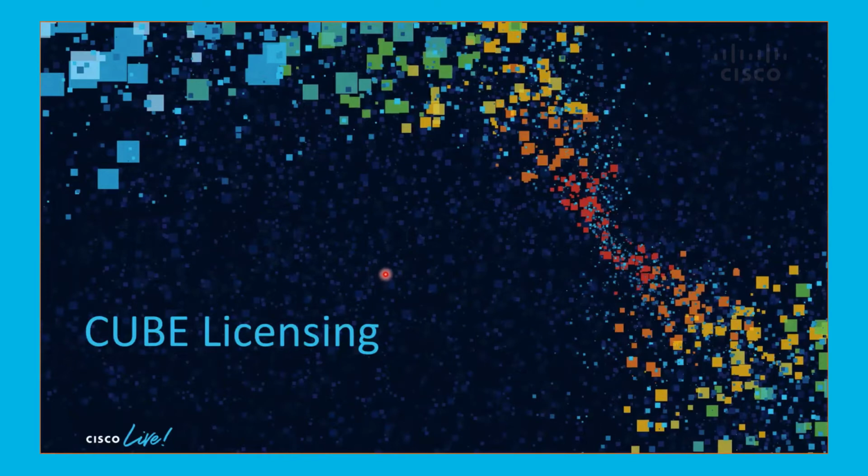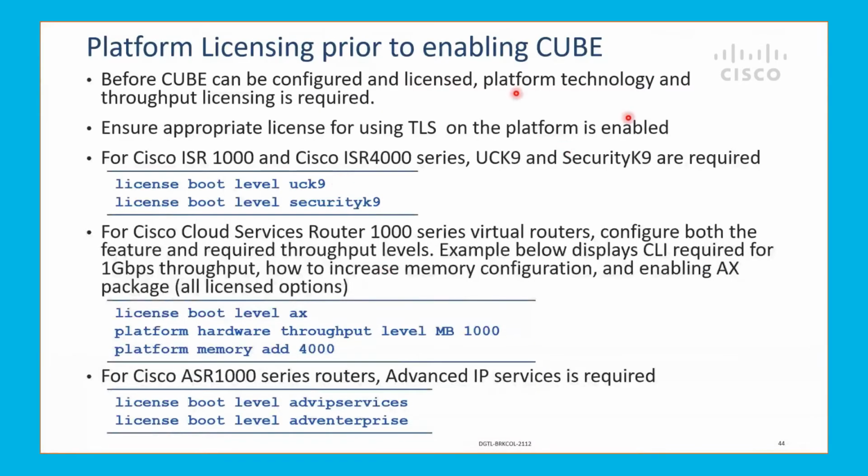So before we go into the Cube licensing, the key thing to keep in mind is that you need to have the platform licensing prior to enabling the Cube feature set. Before you can configure Cube on any platform, make sure the platform technology and throughput licensing required is purchased and installed on the box.